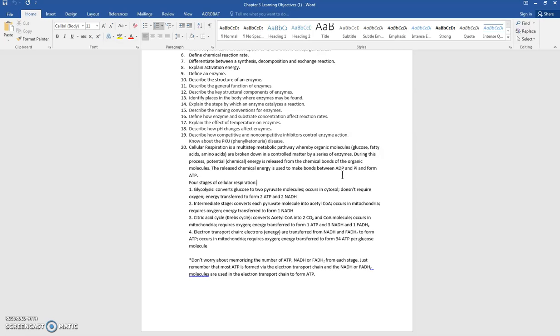And then the cell, especially if it doesn't need that released energy right then, which sometimes it doesn't, will store it in another molecule called ATP, which we talked about in chapter 2, adenosine triphosphate. So it took the energy released when the bonds were broken in glucose and fatty acids and converted it into the bond in the ATP molecule.